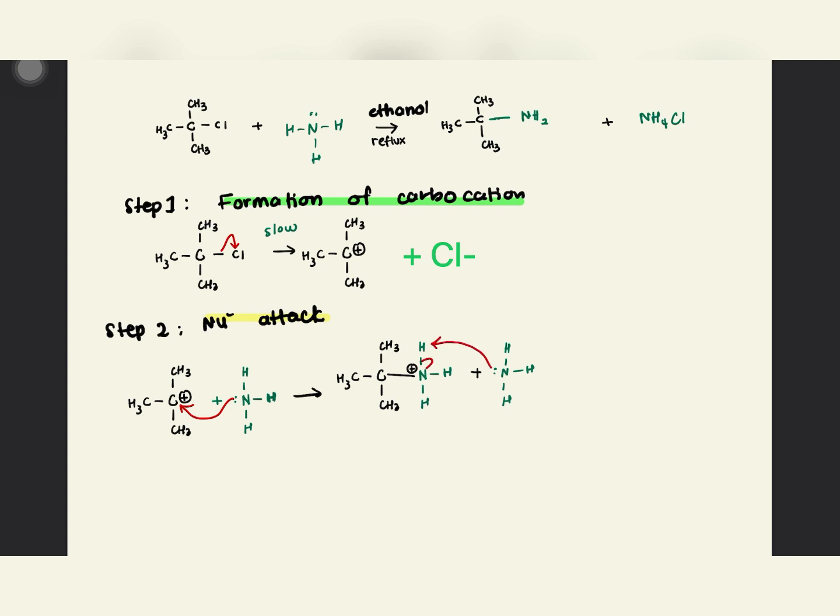Okay, so the second step, since dia adalah unstable, so NH3 akan attack the hydrogen, so dia akan form NH4 plus ion, and your product akan dapat sebagai amine. So ini carbon chain kamu, and NH2 akan attach dekat carbon. So this NH4 plus ion akan form ammonium ion, and NH4 plus ion dia akan combine dengan Cl- ion just now, and it will form ammonium chloride as your side product.